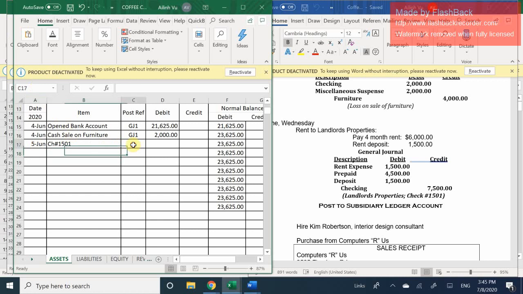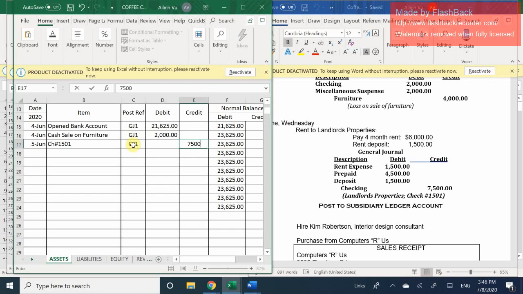Okay, 7,500. Is that a debit or is that a credit? A credit. So is that going to increase my account or is that going to decrease my account? Decrease your account. So we started off with 23,625. What's going to happen when I decrease it by 7,500?